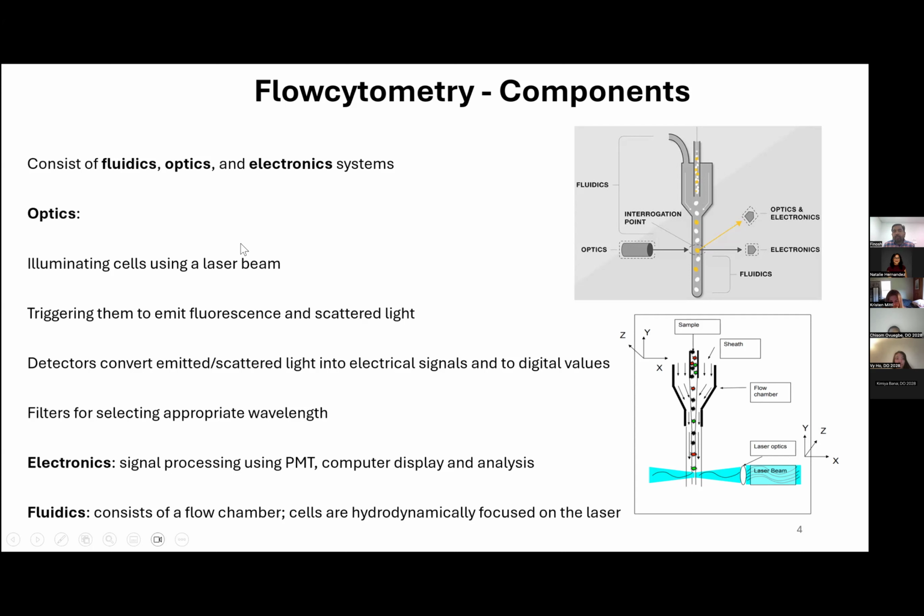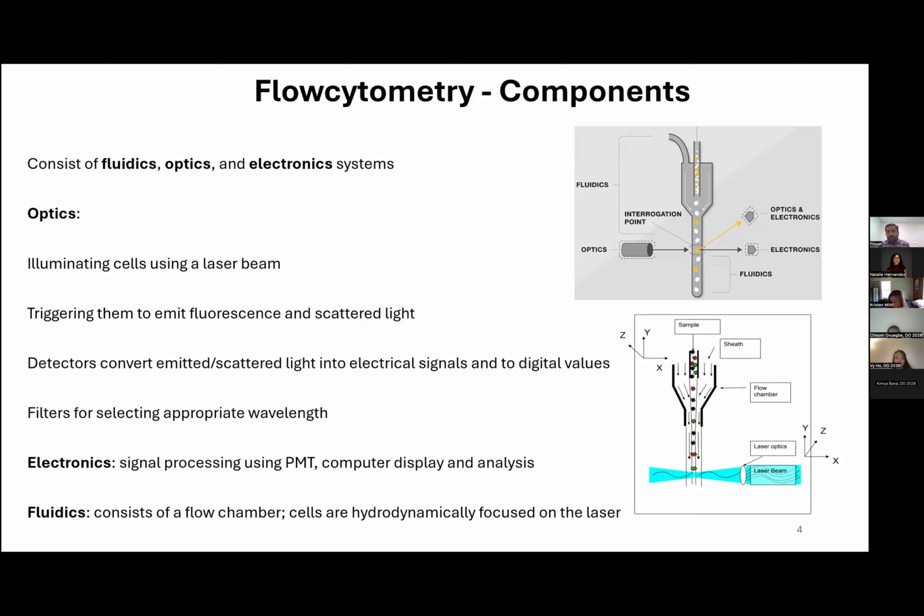So we have optics, that means an optical system which can illuminate the cell using a laser light. So a laser beam will be illuminating the cells, and that will trigger fluorescence if the cells are tagged with a fluorochrome. If they are just untagged cells, raw cells, they can scatter the light.